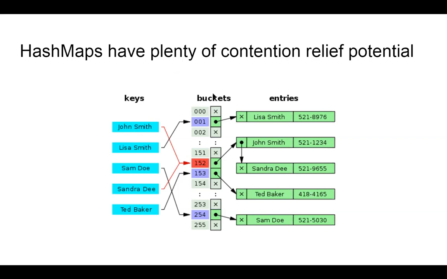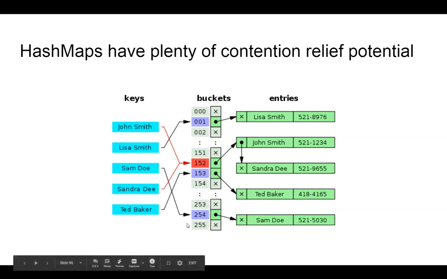It doesn't help if you have a thread-safe data structure and everyone's just using it at the same time and you have a parallel program that turns into a worse than sequential program because everybody's waiting. But a hash map has sort of built-in contention relief.